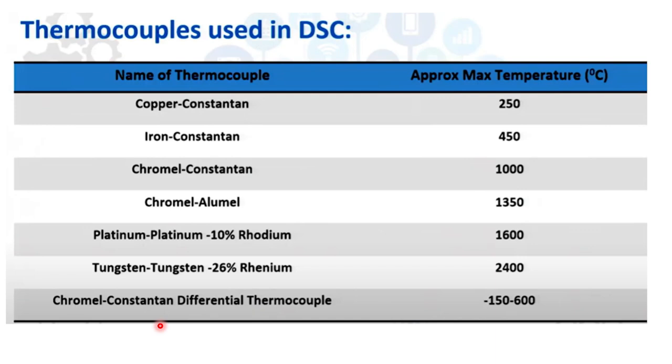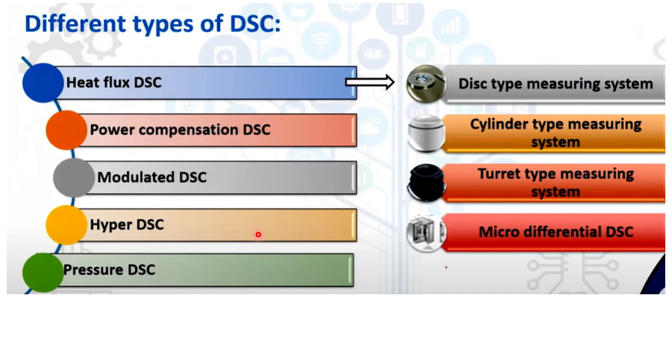For chromel alumel, it is 1350, and the platinum with 10% rhodium, you can reach up to 1600 degrees centigrade. And for tungsten and rhenium type of thermocouple, one can go up to 2400 degrees centigrade. So depending on different thermocouples, obviously you can cover a wide range of temperature during the DSC study.